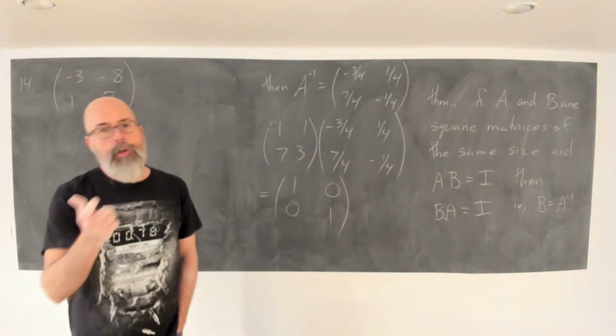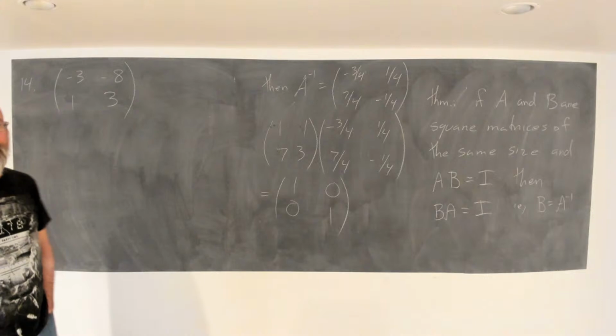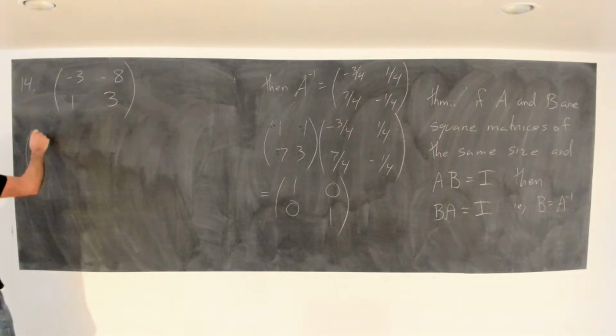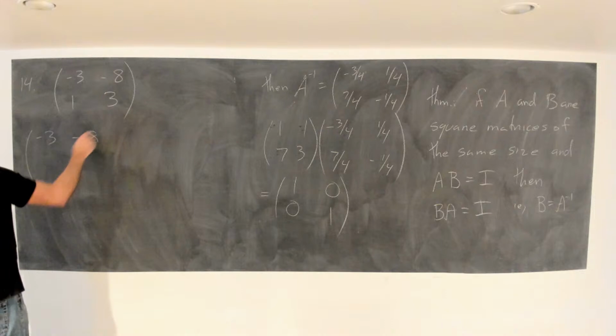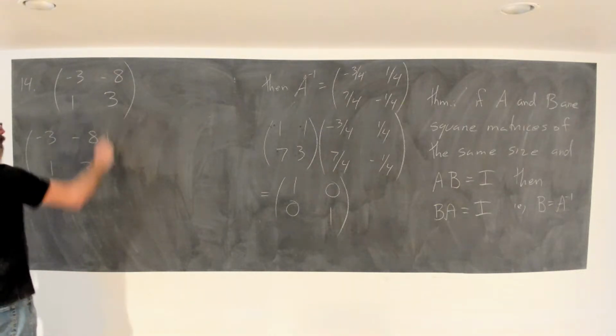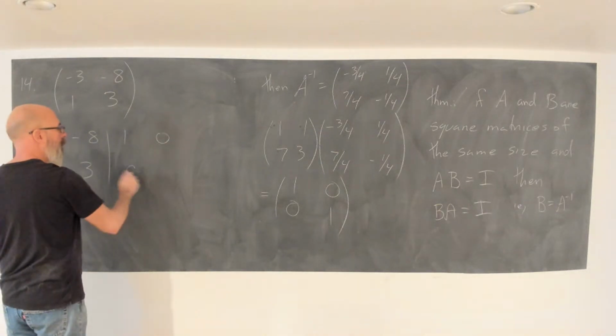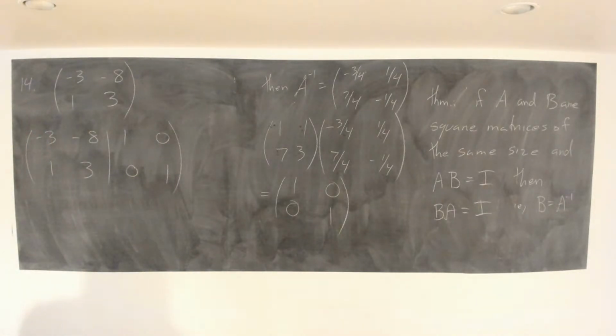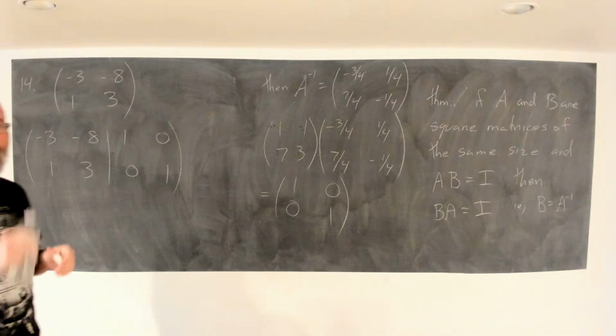Same question, we're looking for the inverse here. So you know what to do. We're going to augment by the appropriate sized identity and row reduce. You know what to do. I'll let you get started.